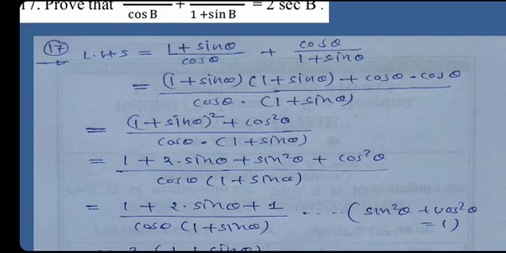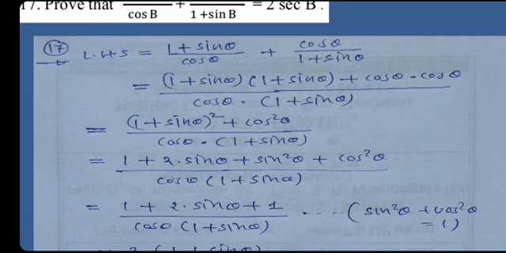So after expansion of 1 plus sin theta bracket square, we get 1 plus 2 sin theta plus sin square theta and plus cos square theta, upon cos theta into 1 plus sin theta.